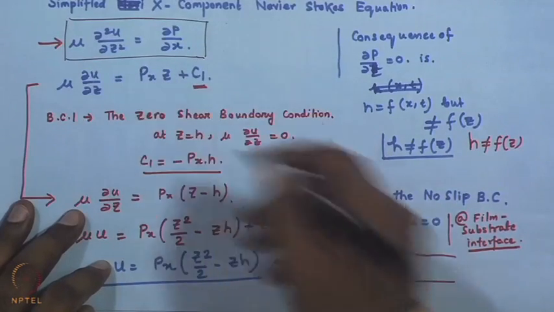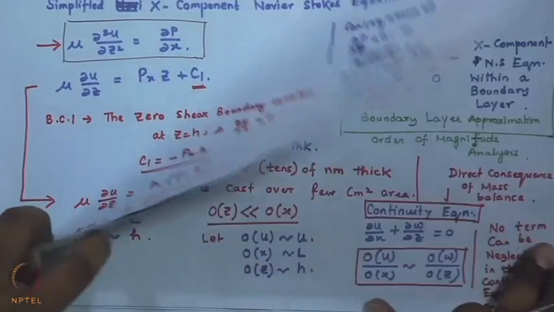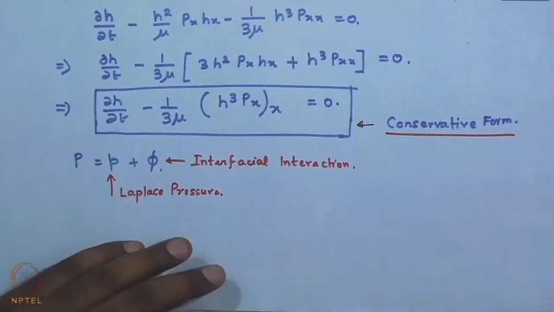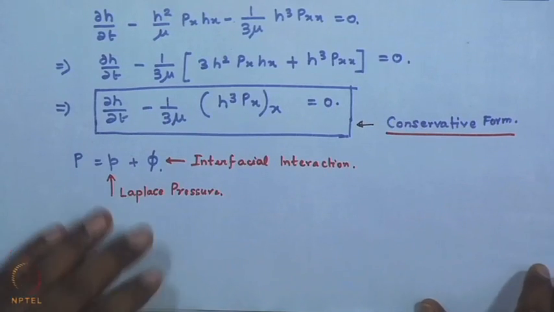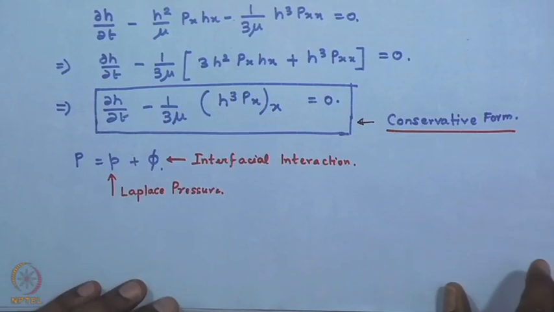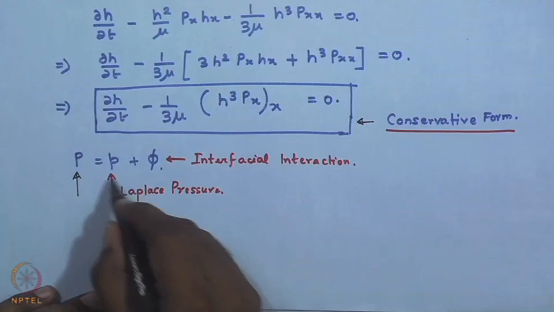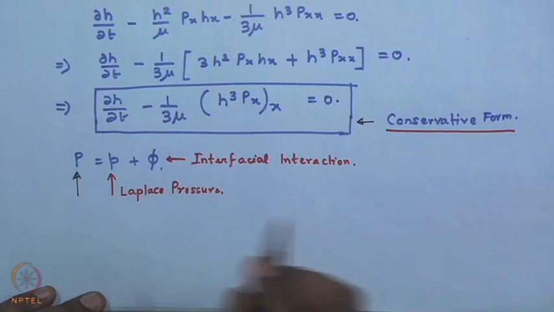started to integrate it with appropriate boundary conditions, which has finally led us to this particular point, which gives us del h del t is equal to 1 by 3 mu del x of h cube P x, in a conservative form. We also understand that P is a function of pressure plus phi.